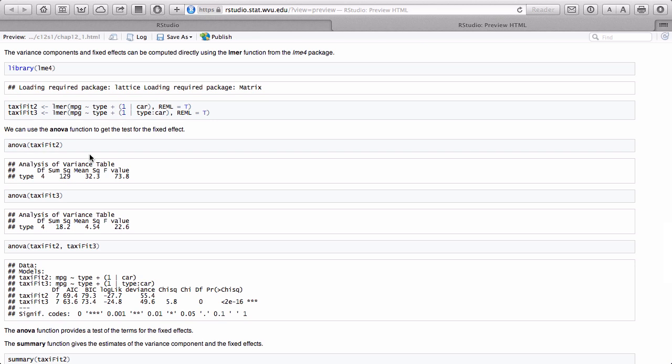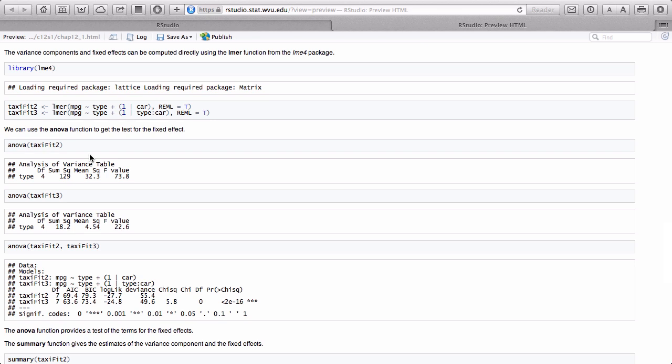And in particular, those parenthesized expressions are the random effects, and they tell you how things are nested or crossed. But again, it's a little confusing, and so far I haven't been able to reproduce either what JMP does or what we did above with a few modifications with the testing.